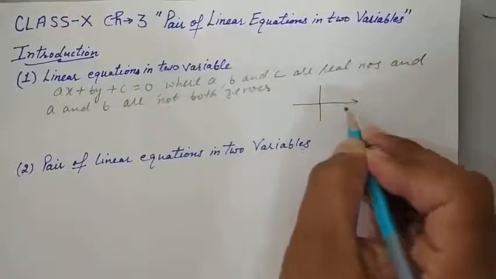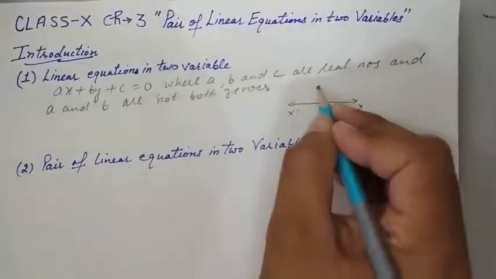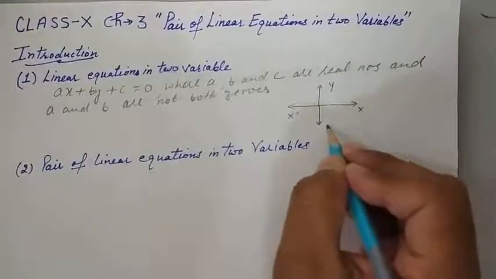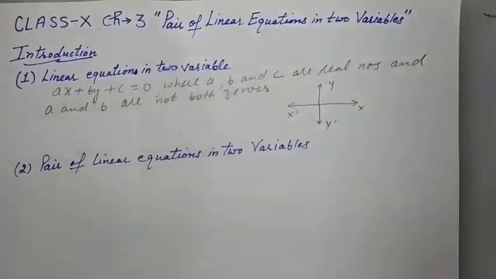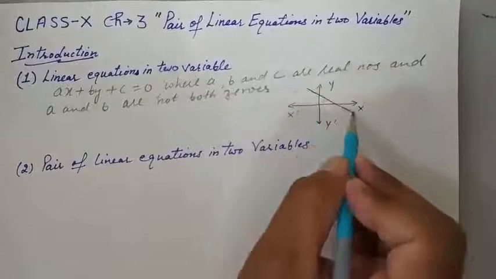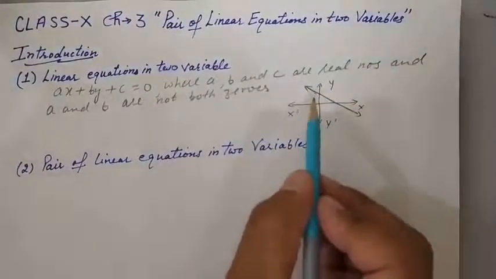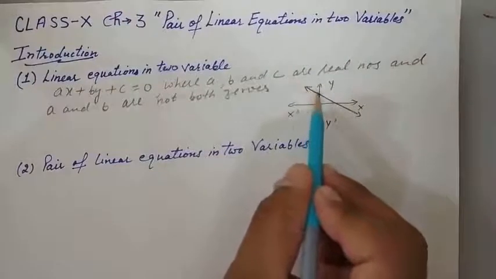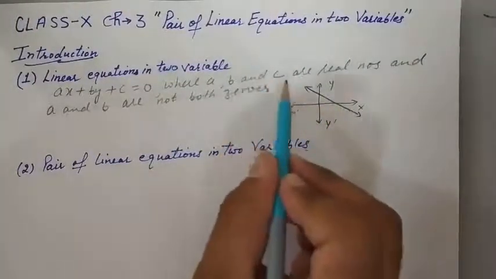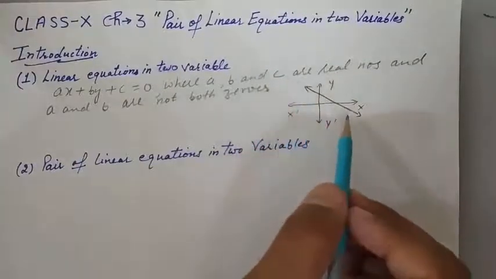So we have drawn the graph of linear equation in two variables. It is a straight line. Here I am drawing it roughly. This is a coordinate plane, and the graph of linear equation in two variables is a straight line. Suppose this is a straight line. So we know there are many points on this straight line. The straight line is extended in both directions, so there are unlimited number of points on this straight line.